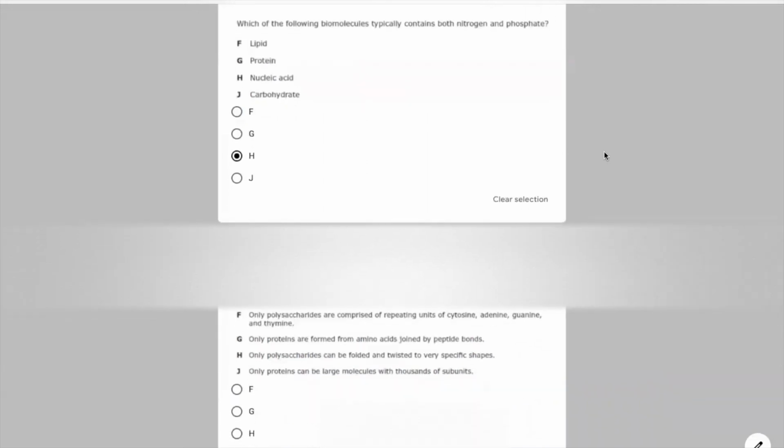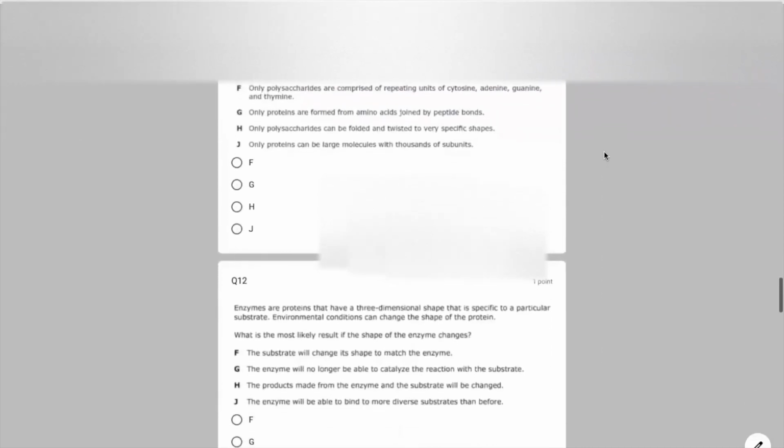I apologize. So next question, question 11, Mini Educator 2, take it away. Proteins and polysaccharides are polymers. These polymers are formed by dehydration synthesis. Which statement correctly identifies the difference in the structure of proteins and polysaccharides?